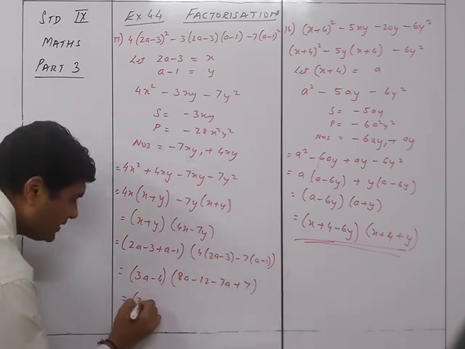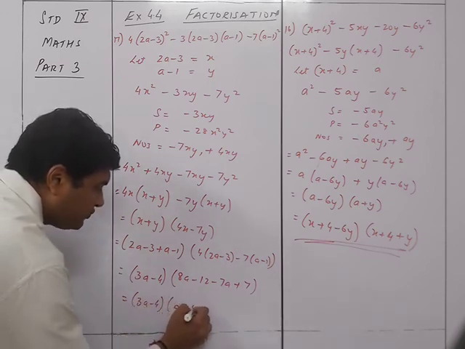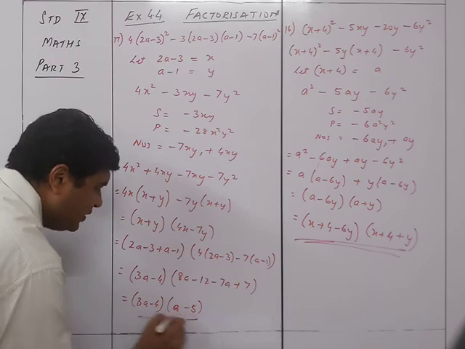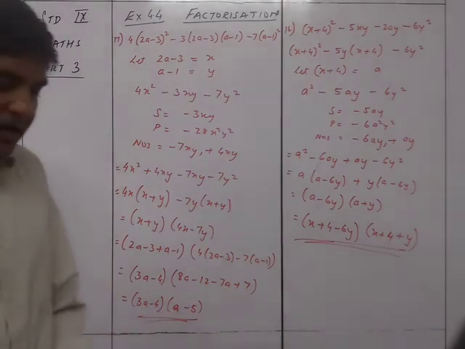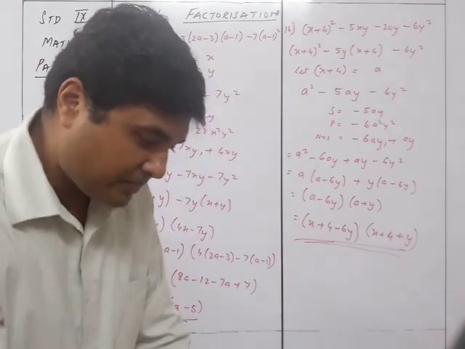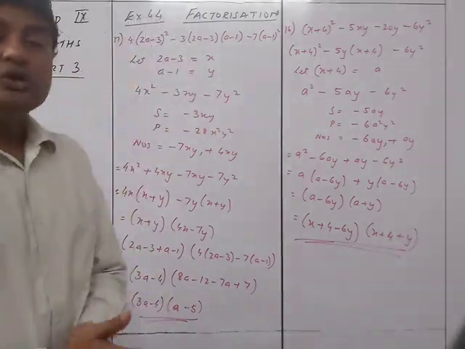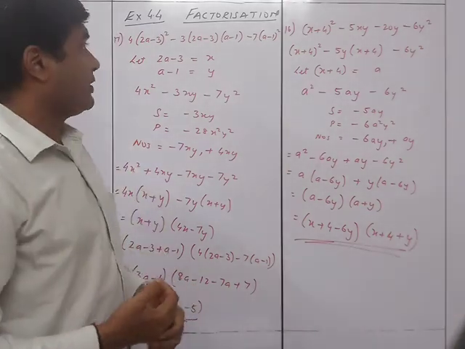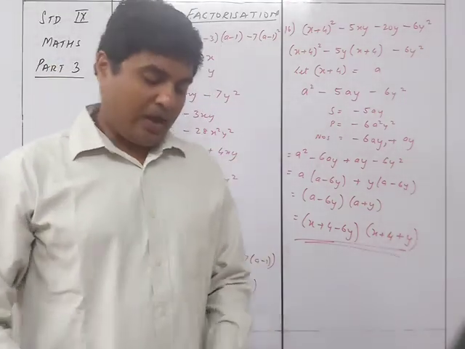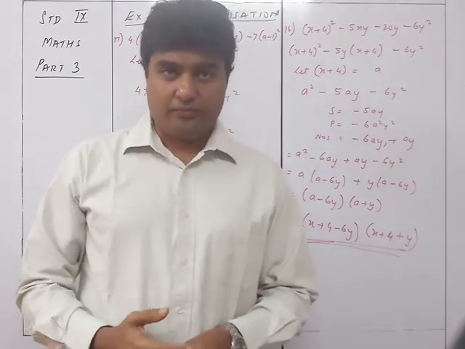So that will give me 3a minus 4 and this will be a minus 5. So that will be the answer for sum number 17, exercise 4.4: (3a minus 4) and (a minus 5). That's the correct answer. So that was the exercise for factorization of trinomials. We now move on to the next exercise about cubes, that is 4.5, in the next video.